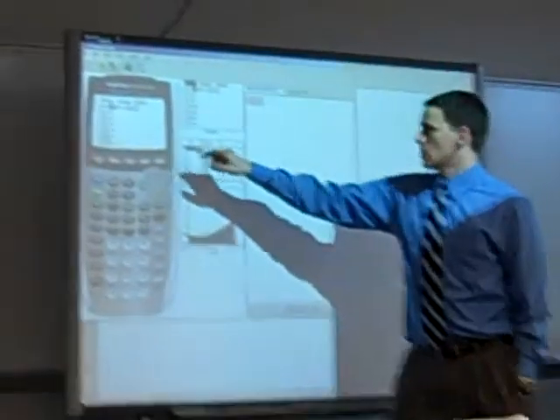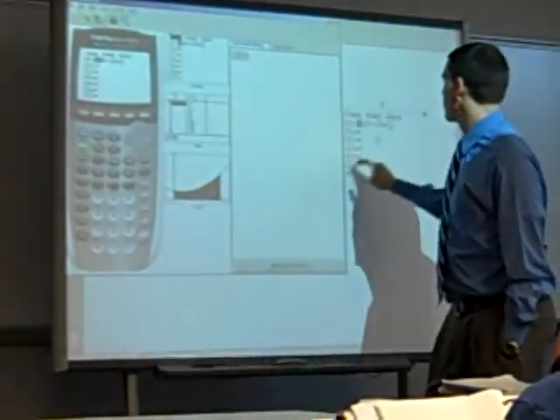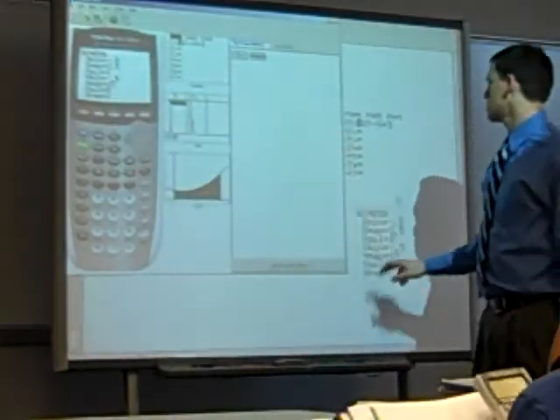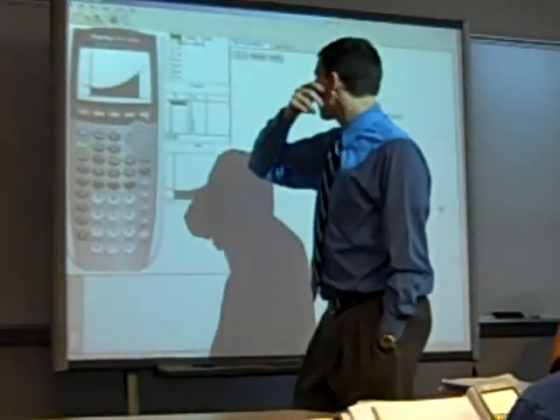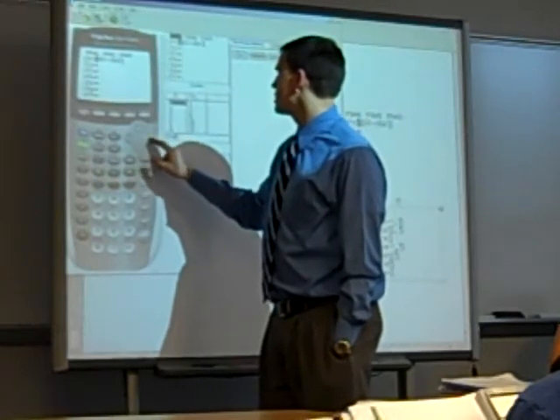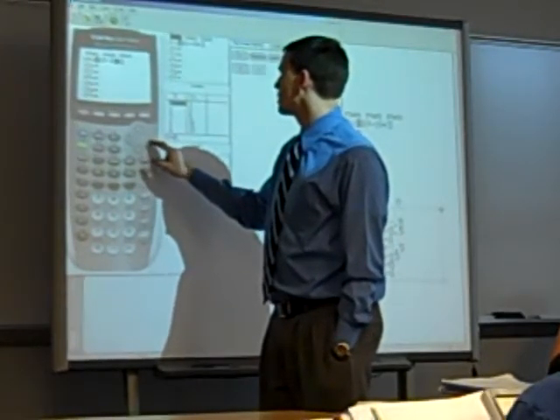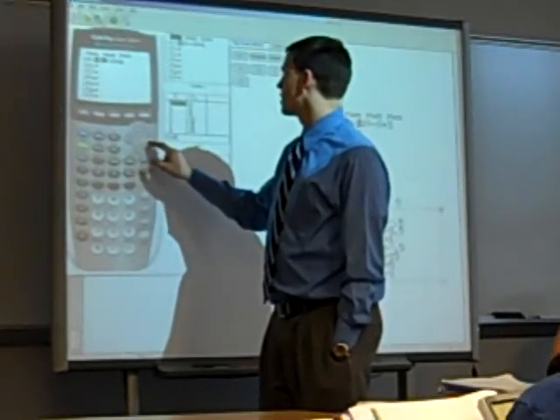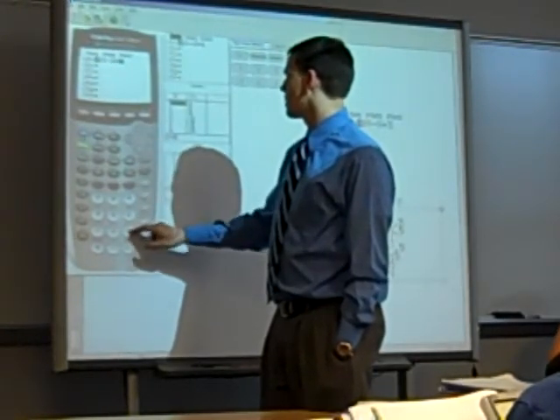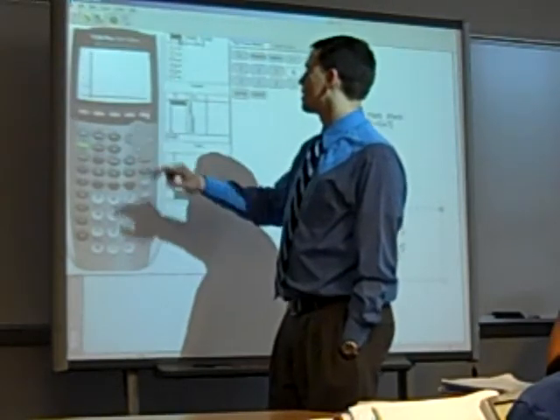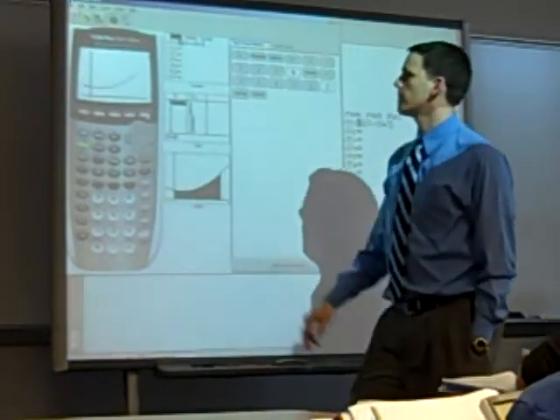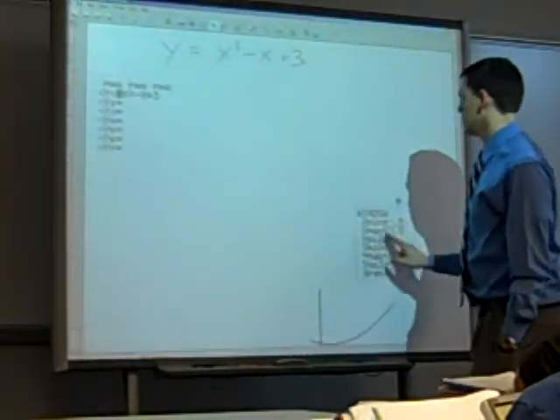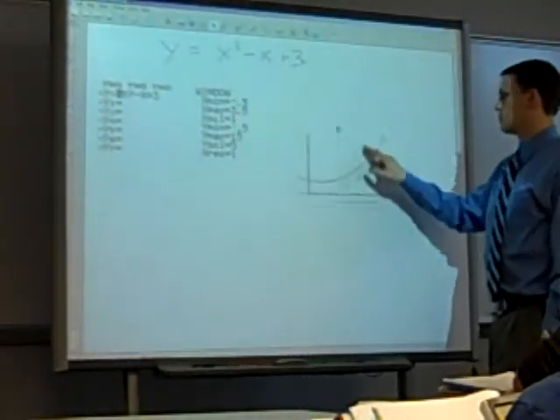So, x squared minus x plus 3. We're going to change our viewing window by graph. Okay, so here's our graph. Pick a viewing window that makes some more sense.